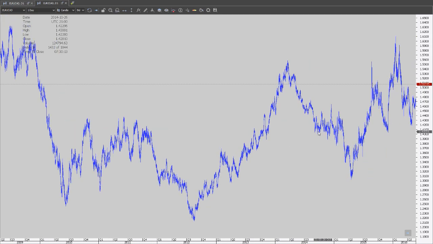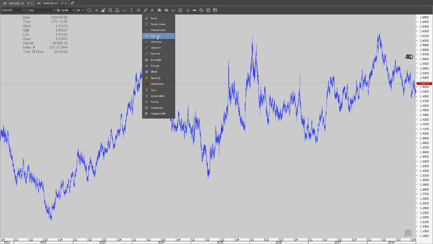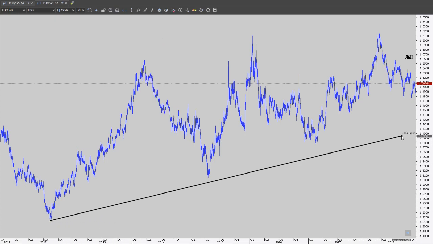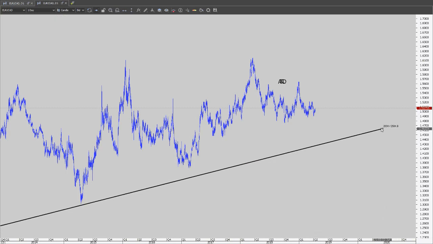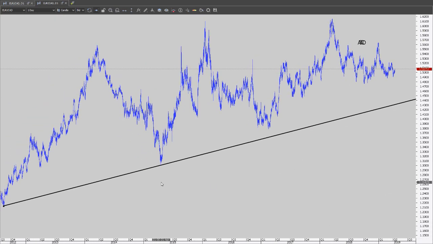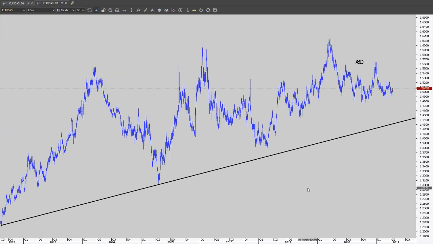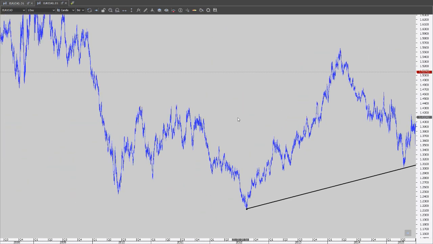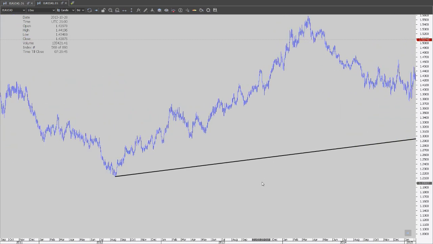Orkun said, please analyze EuroCAD. So this is the overall general trend, until here. The market is moving in structure, higher highs, higher lows. Now, where is the starting point? The starting point, of course, is here on the left.